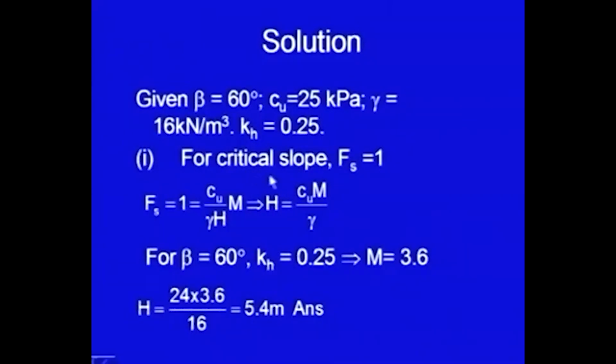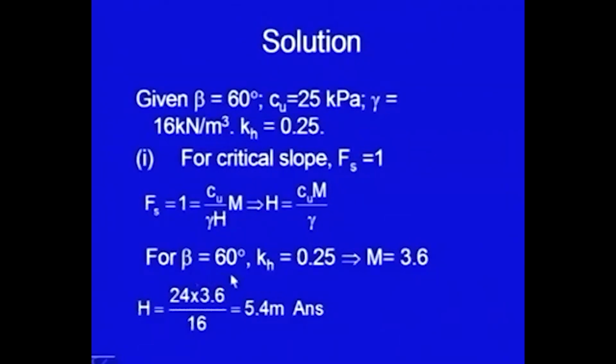For critical slope, Cu will be equal to Cm, factor of safety is 1. So, Fs is equal to Cu upon gamma h into m. So, h becomes Cu into m divided by gamma.